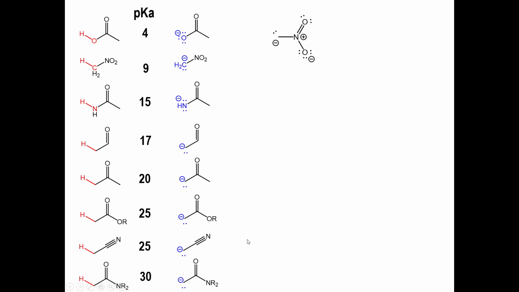So the thing to keep in mind here is that the reason, aside from polarization, that explains why these deprotonations are happening to such an extent, is because you have a lot of resonance to help you out with that carbanion that's being formed.